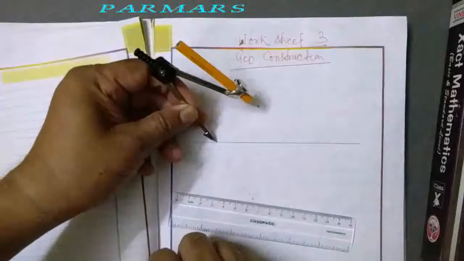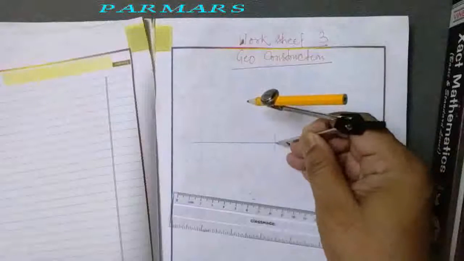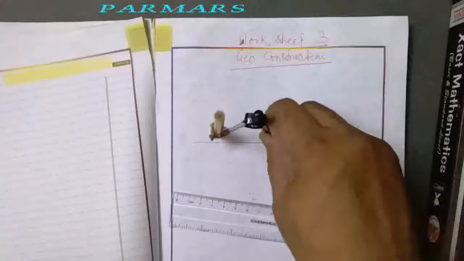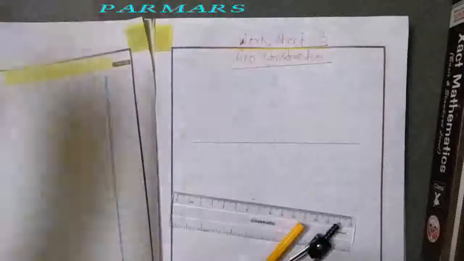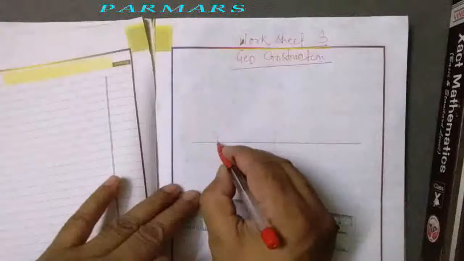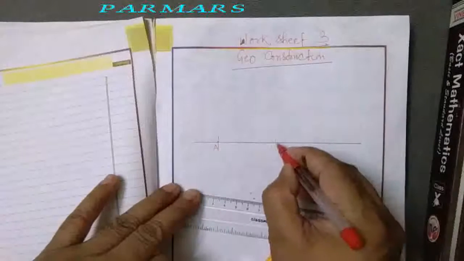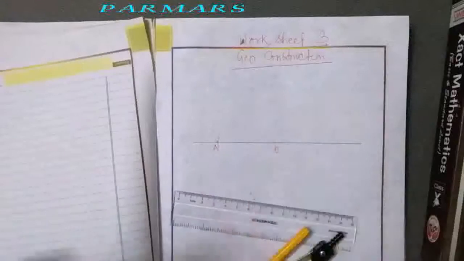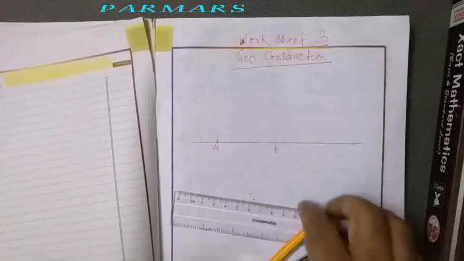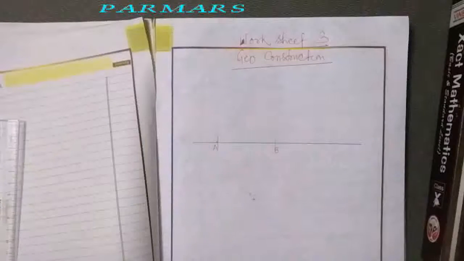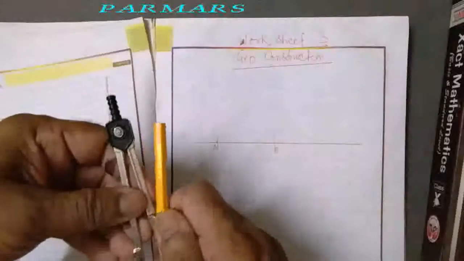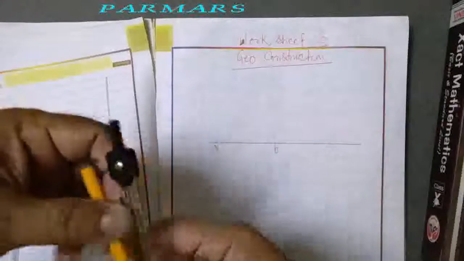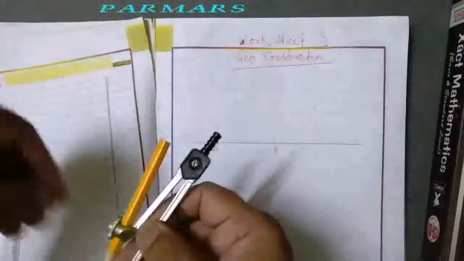Take any point here. I am taking here. Make a cut this way and then in the opposite direction this way. So these two points, one is A and the second one is B. AB is the line segment. Now we have to divide it into 6 equal parts. It would be better if 12 centimeters were given, it must be more, but okay, the question is of 5 centimeters.